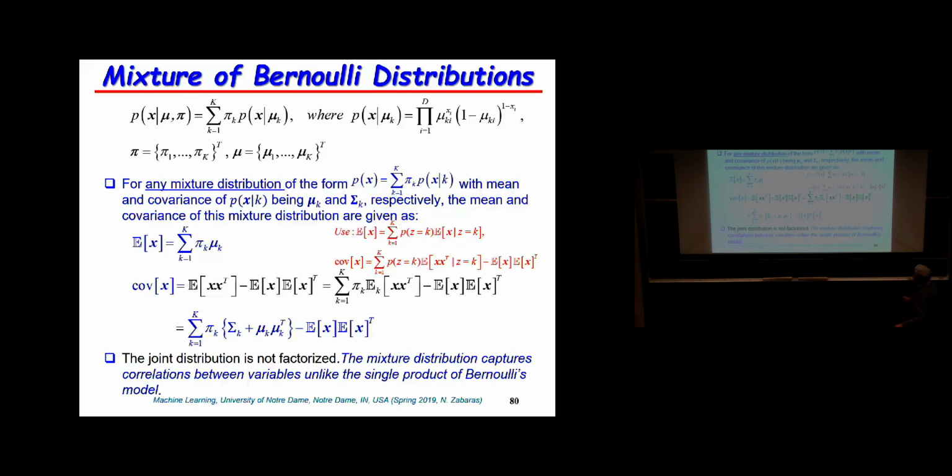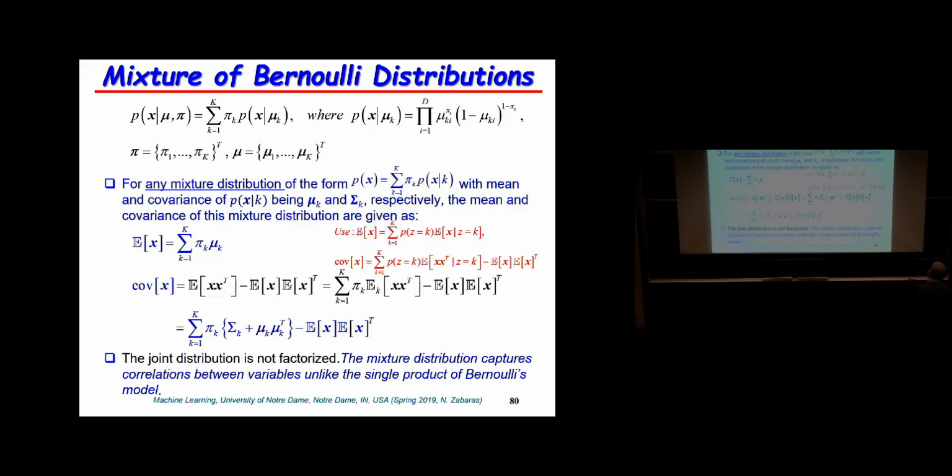I am not going to do all the algebra, but I'm going to give you two fundamental results. Look at these two red equations here, because this is what I use in the next two slides. Remember in my problem, when I have the mixture, I really have the conditional distribution of x given the label k.